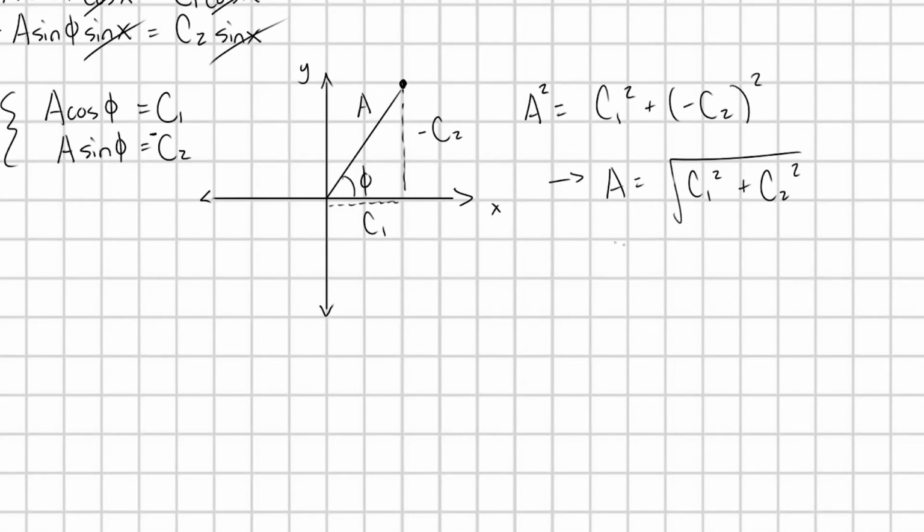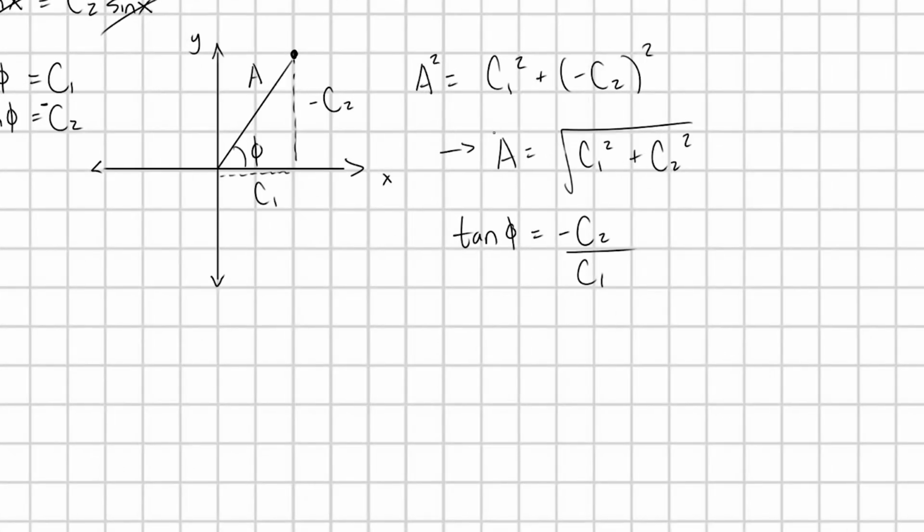Okay, so what's phi? Well, we can see here that in terms of C1 and C2, if I take the tangent of my angle phi, this is going to be equal to the opposite, minus C2, right, over my adjacent, C1.